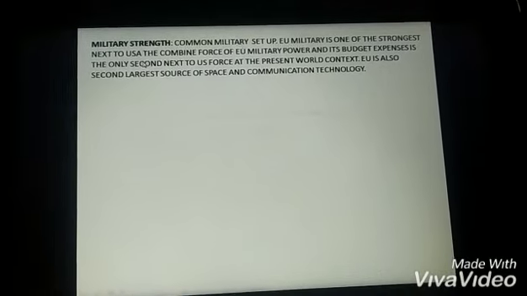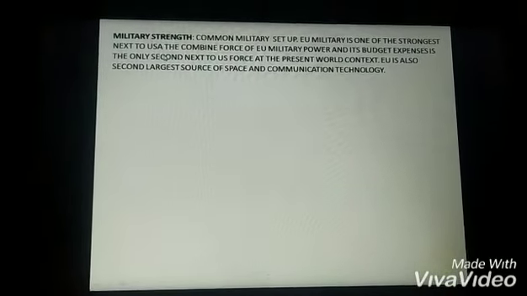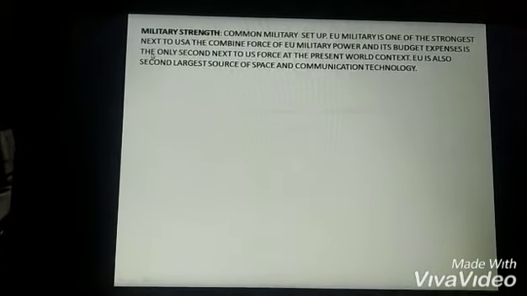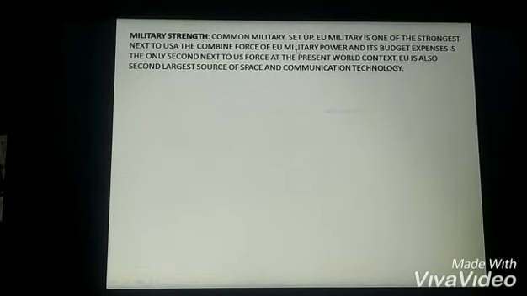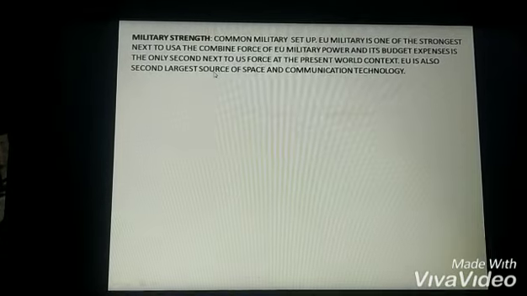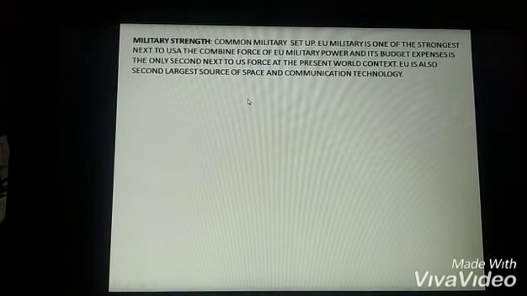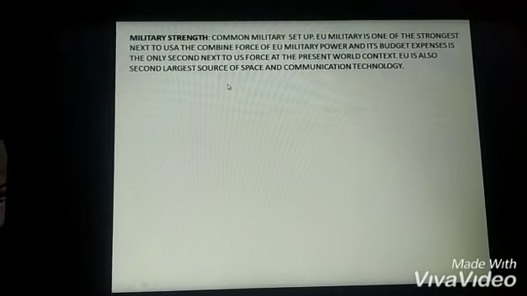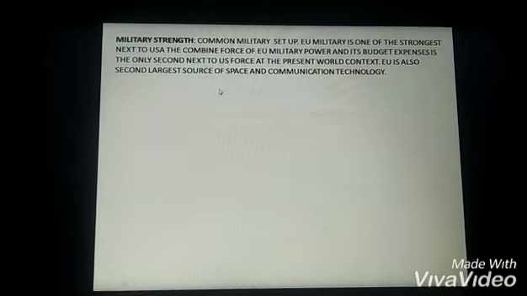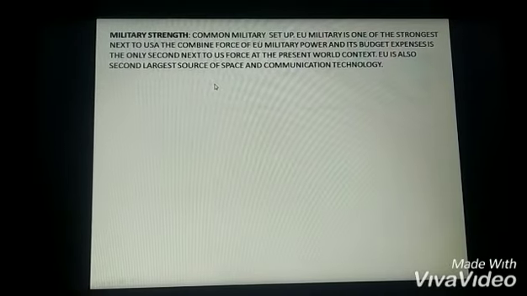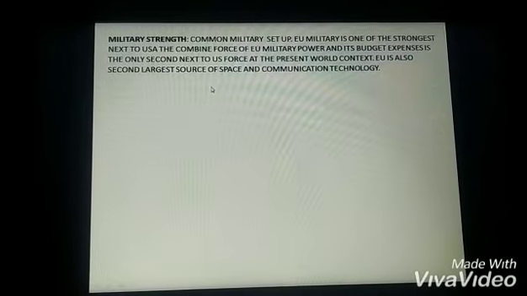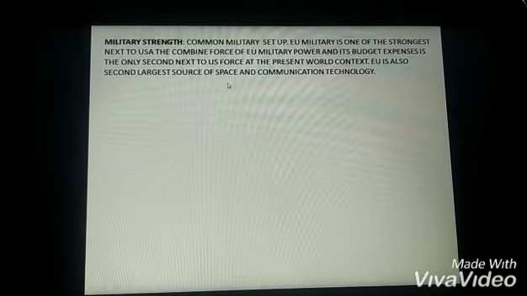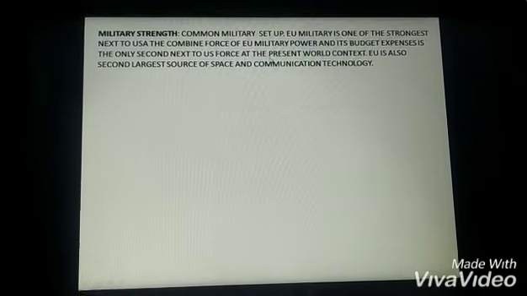USA spends a huge amount and stands first in the world regarding expenses on building up its security and military forces.